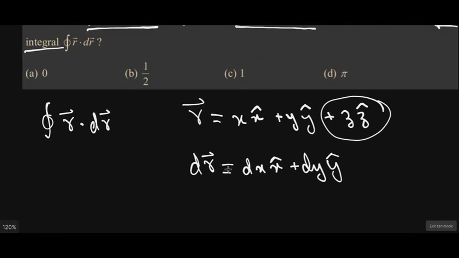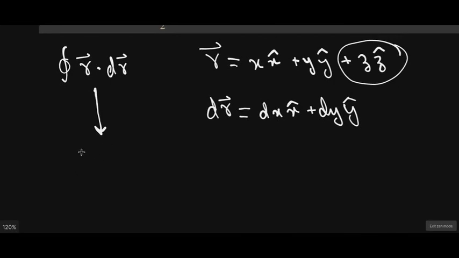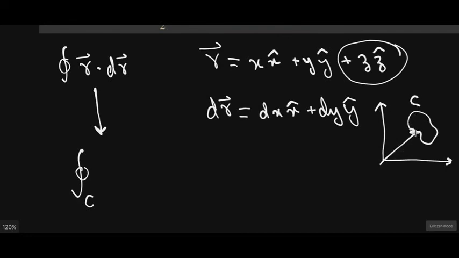What we have next is we will do this integration, first on the contour C, because we have contour C, and this is our position vector to any point on the contour.